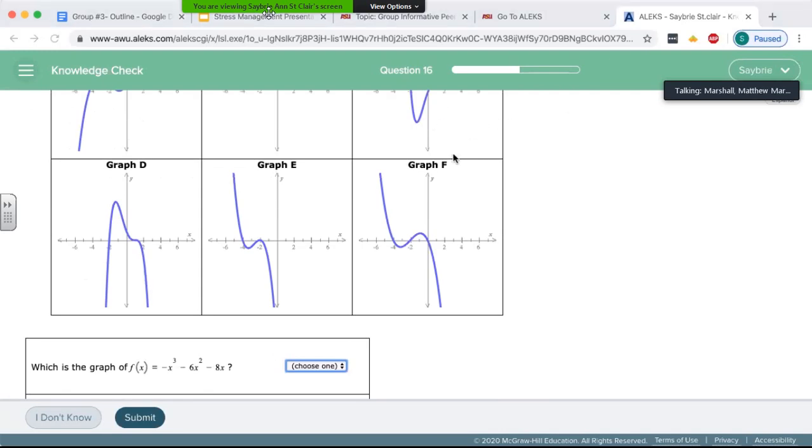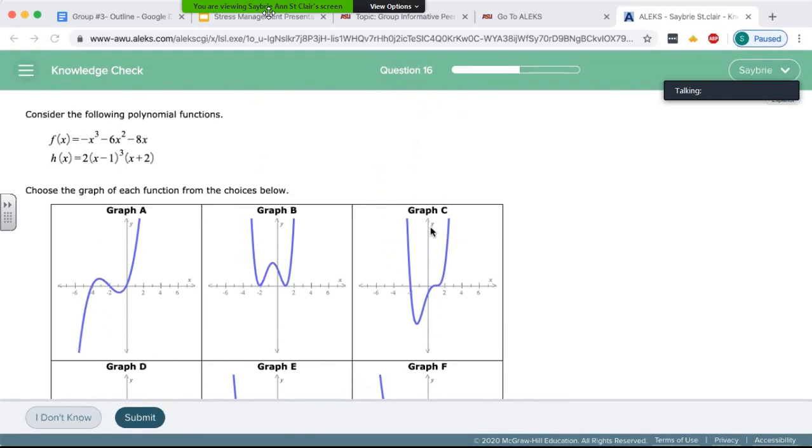Alright, looks like another Desmos one. Yay. Yep.